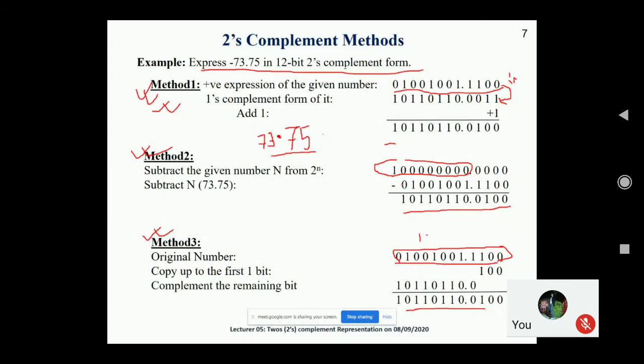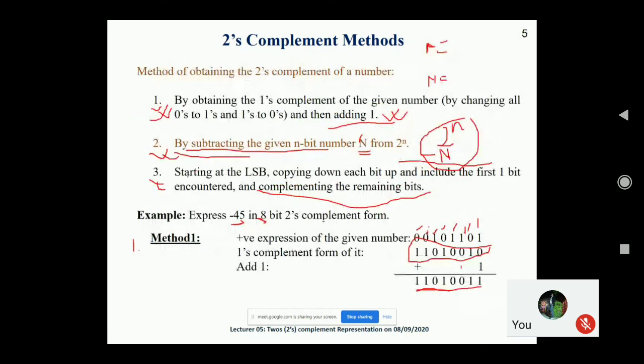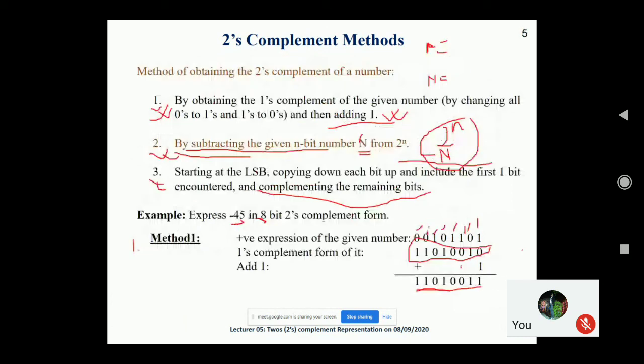See here, you have some confusion, some doubt. The method says, read very carefully, number 3: starting at the LSB. This one is the LSB, yes or no? Yes sir. We are starting from the LSB.